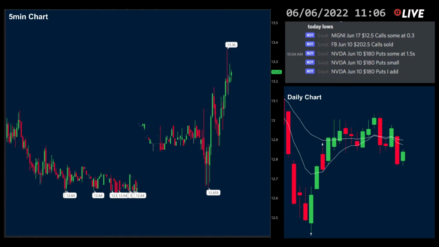DraftKings, some bull flow on DKNG, but who knows? Very broken.